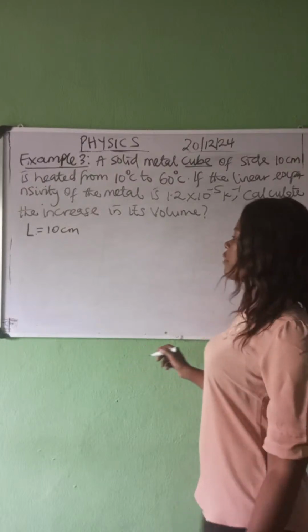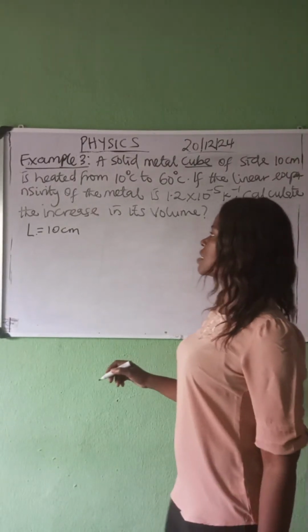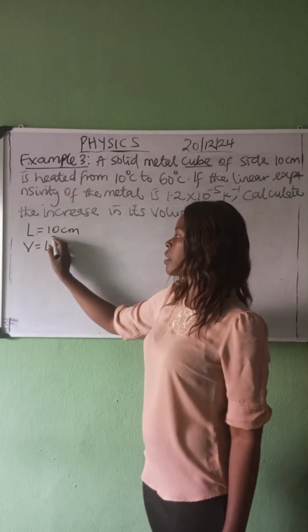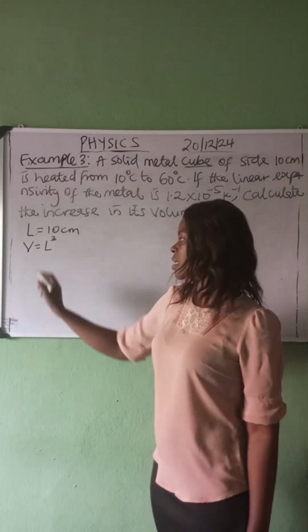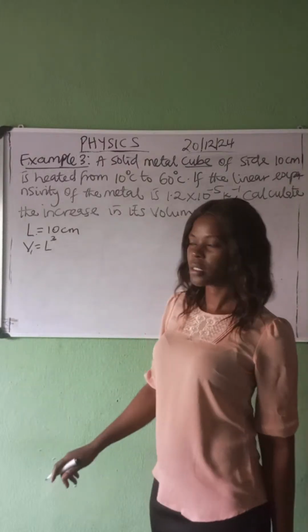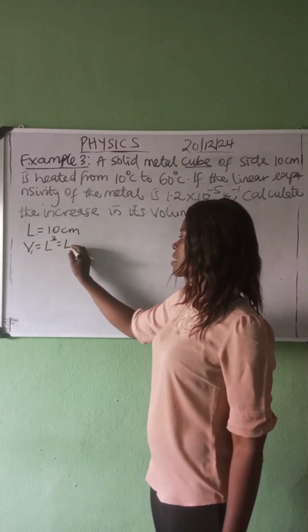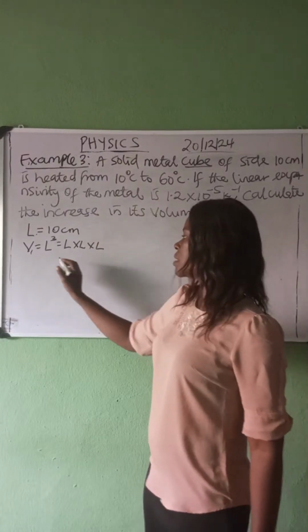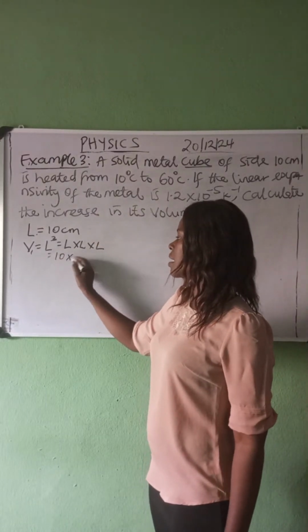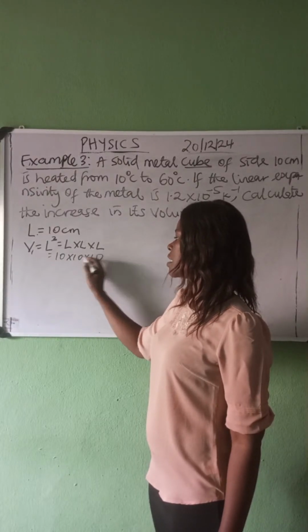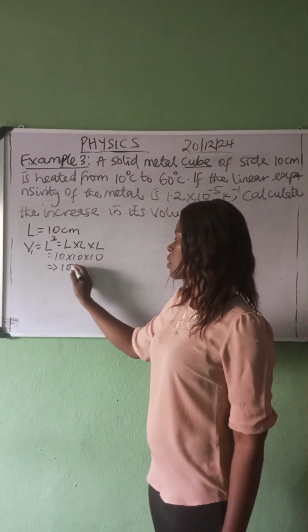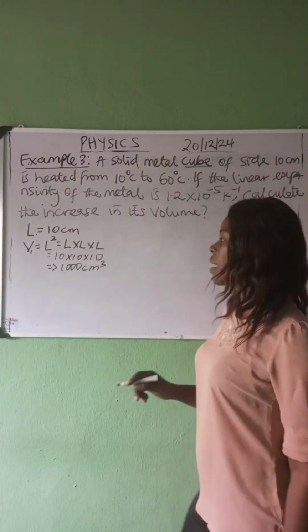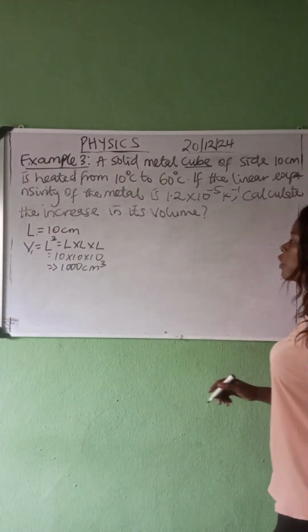Okay, now for us to get the volume of this cube, we say that volume is equal to L power 3. That becomes my V1. Now this is the same thing as saying L times L. That is 10 times 10 times 10 to give us 1000 centimeter cube as the original volume.